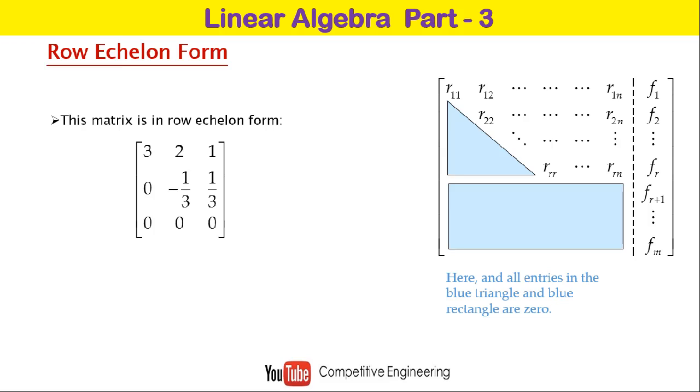The second is 0 minus 1 by 3 1 by 3, a non-zero row. Why non-zero row? Because there is a non-zero element in that row. But the third row is 0 0 0, all the elements are 0, so it's a zero row. So there are only 2 non-zero rows in the matrix, so the rank of the matrix is 2 in this case. So first we have to convert the matrix into row echelon form, then count the number of non-zero rows.